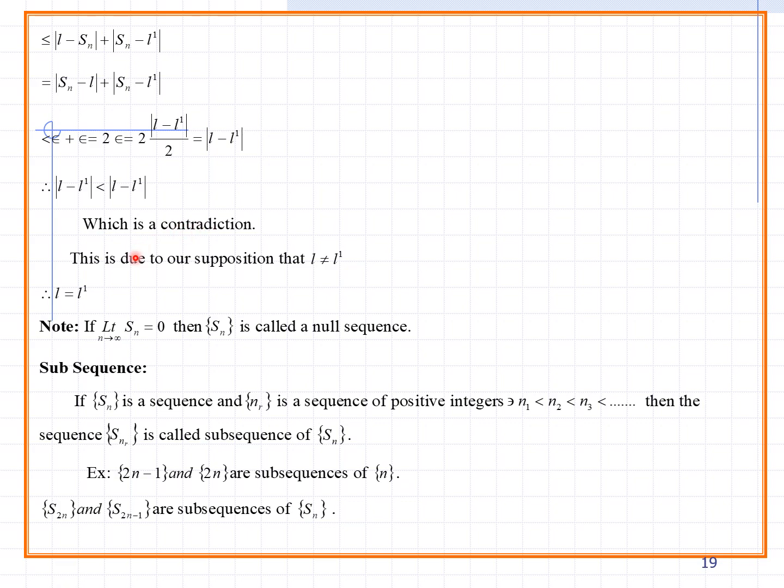This is due to our supposition that L is not equal to L dash. Therefore L equals L dash, so your supposition is wrong. Note: if the limit as n tends to infinity of Sn equals 0, then Sn is called a null sequence.